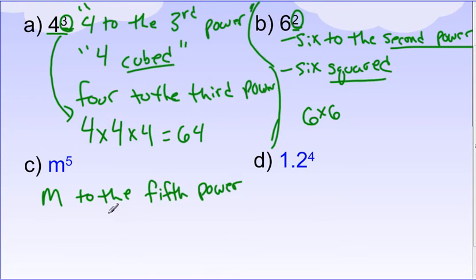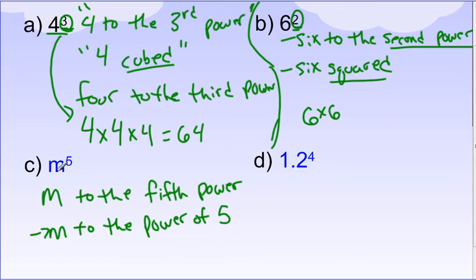All right, now, M to the 5th power. That is literally the only way to write that. I guess, well, you could also say M to the power of 5. I really don't like this one, and most people don't use this one. They'd say M to the 5th power, not M to the power of 5. But technically, this one is correct as well.